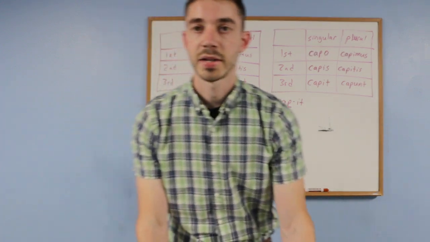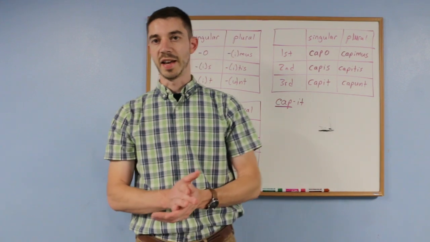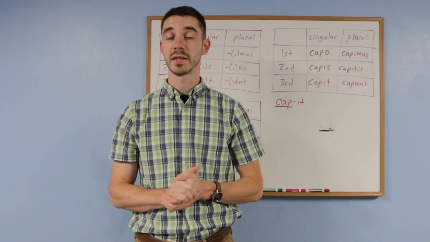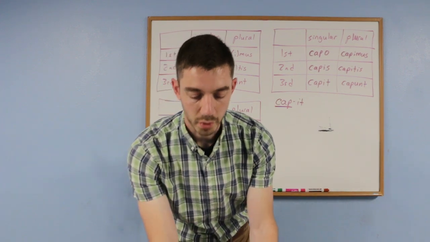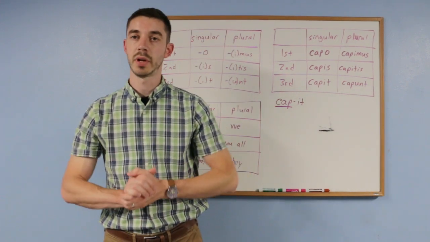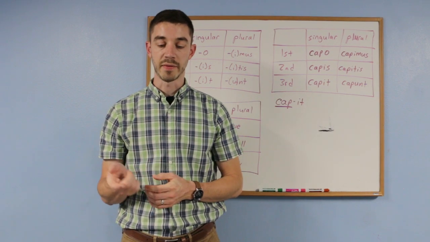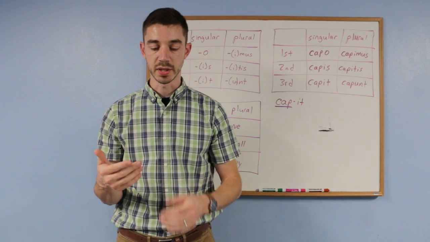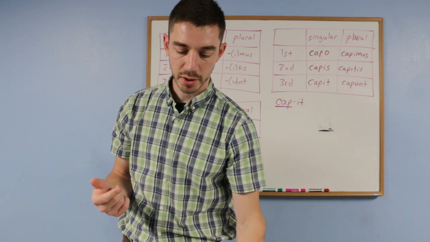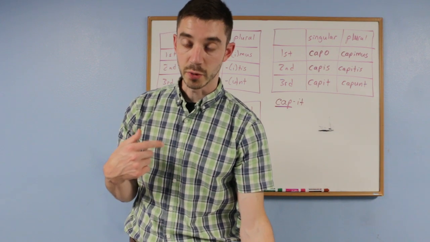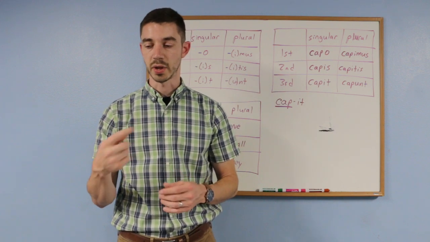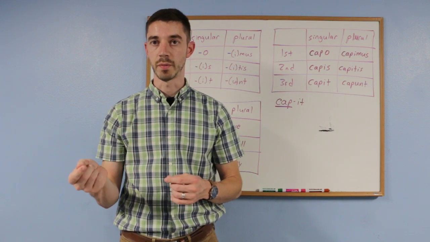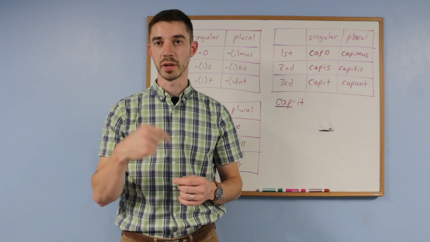And then in class this week, when we get together, or if you're doing this at home, maybe you'll do it on your own, we will have a quiz that will go over these things. So there will be some vocabulary on the quiz, and then there will also be some things where you have to fill in these endings and translate these words from Latin into English or from English into Latin.